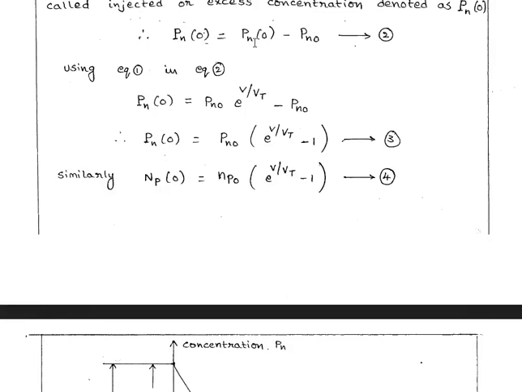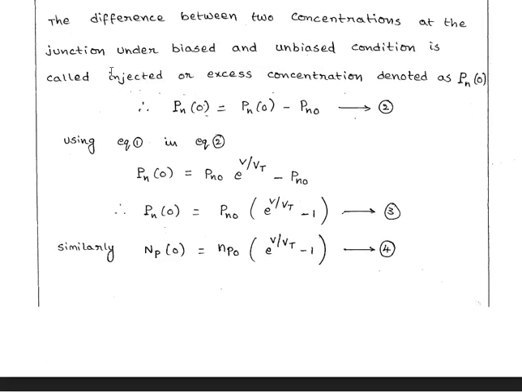If I substitute Pn(0), then I get a simplified equation: Pn(0), that is the injected or excess concentration, is equal to, P means holes, n means n-side, n-type semiconductor.